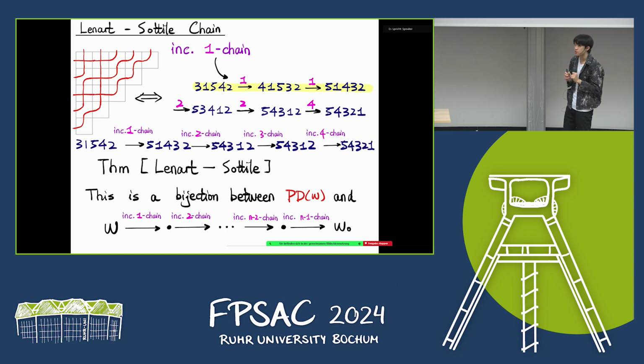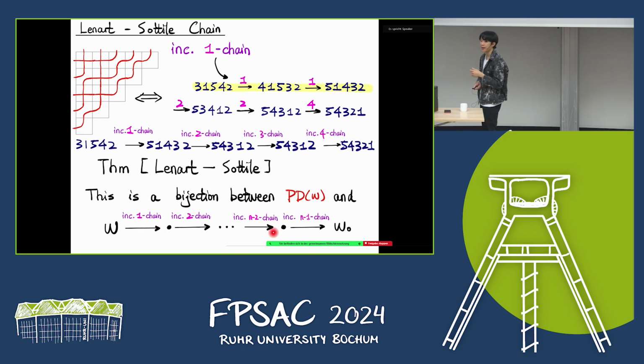This notion was first used by Sottile to describe the Pieri formula for Schubert polynomials. And if you combine these swaps with label 2, then that's an increasing 2 chain. So in other words, Lenart and Sottile give a bijection between pipe dreams of w and chains that look like this, where you start from w, you take an increasing 1 chain, increasing 2 chain, all the way to n-2, n-1, and arriving at w0.